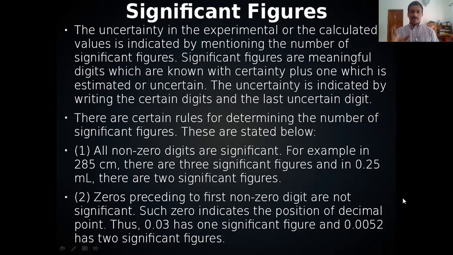And based on this, the concept of significant figures developed, and significant figures are meaningful digits which are known with certainty plus 1, which is estimated, which is not estimated correctly or uncertain.